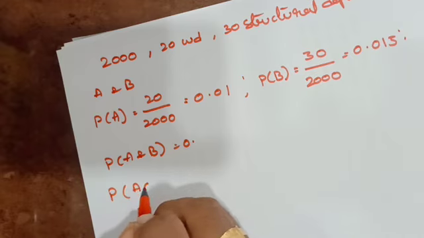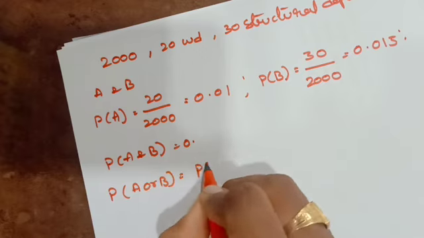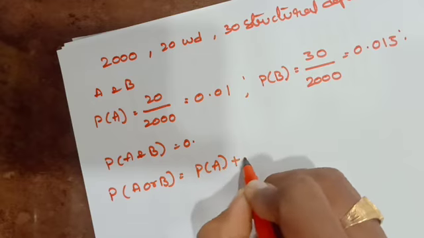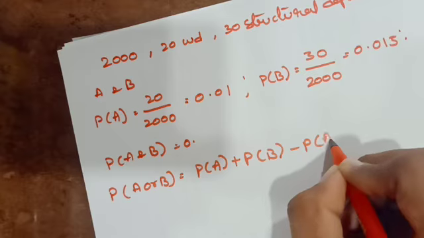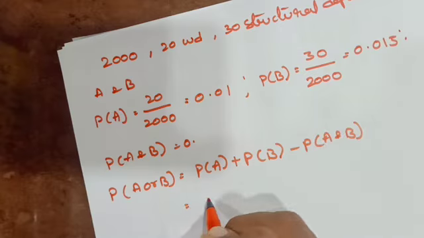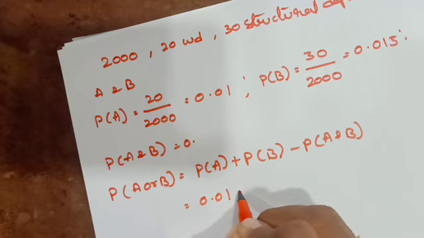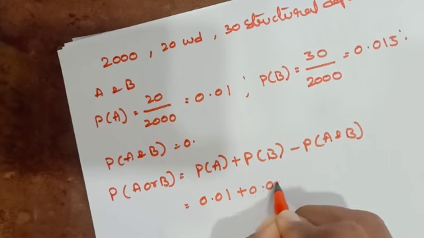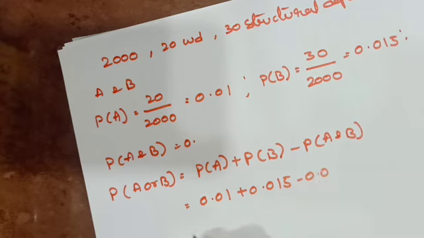So P(A) plus P(B) minus P(A and B). Here I am taking 0.01 plus 0.015 minus 0.0, so that becomes 0.025.